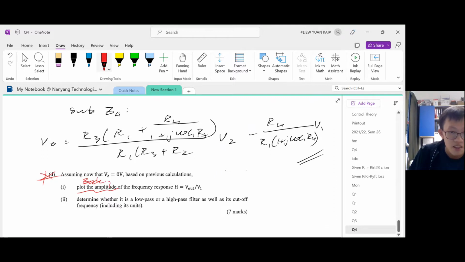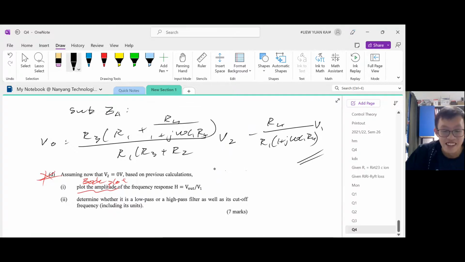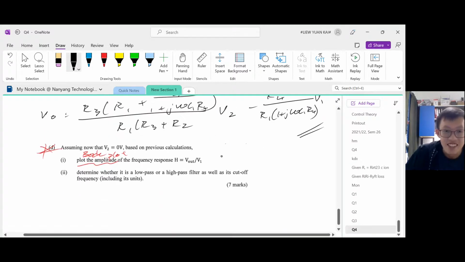But to draw the Bode plot, you need the cutoff frequency and the maximum gain, but they will only ask you for the cutoff frequency in part 2. And you also need the shape of the Bode plot, whether it's a low pass or high pass filter, which again is only asked in part 2. So let us do question D in a non-sequential manner. I don't know why they asked it that way, but it is what it is.